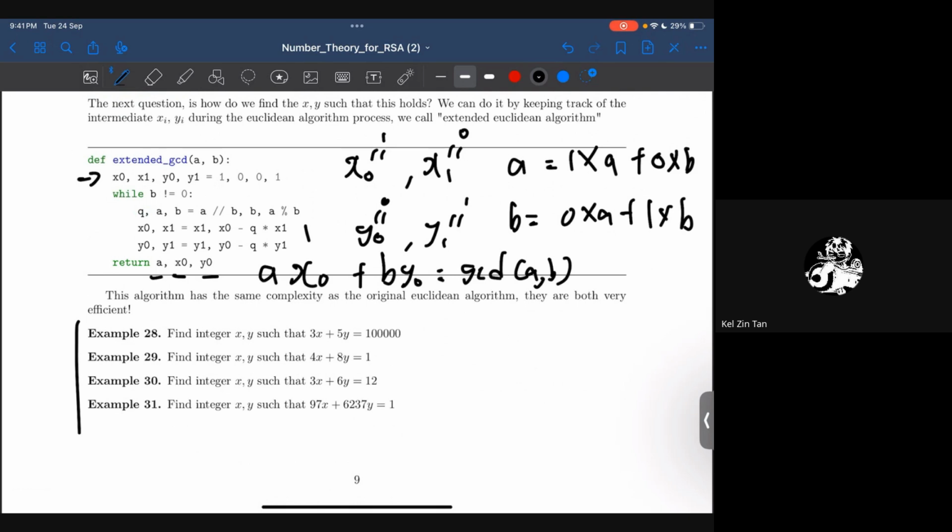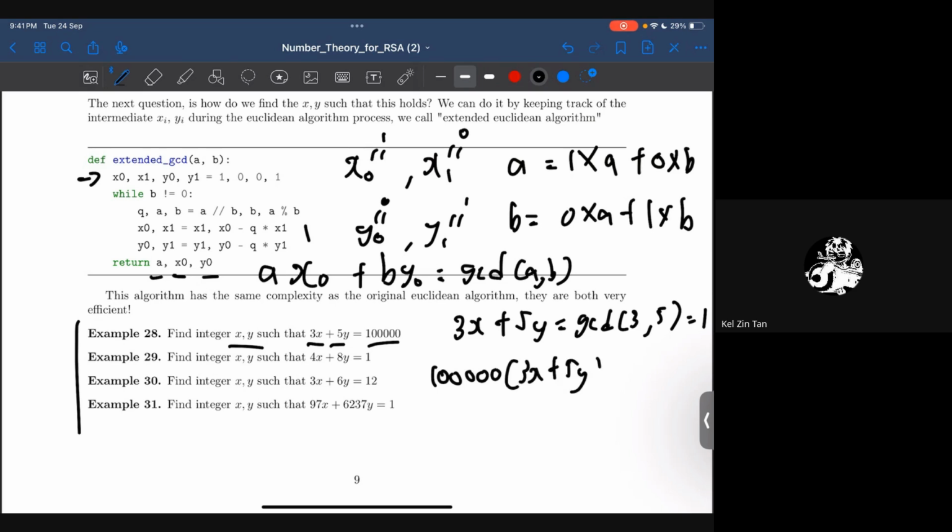We want to find integers x and y such that 3x plus 5y is equal to 100,000. So how do we do this? I'll just show you one example. We know that there exist x and y such that 3x plus 5y is equal to the GCD of 3 and 5, which is equal to 1. Then I just multiply both sides by 100,000.